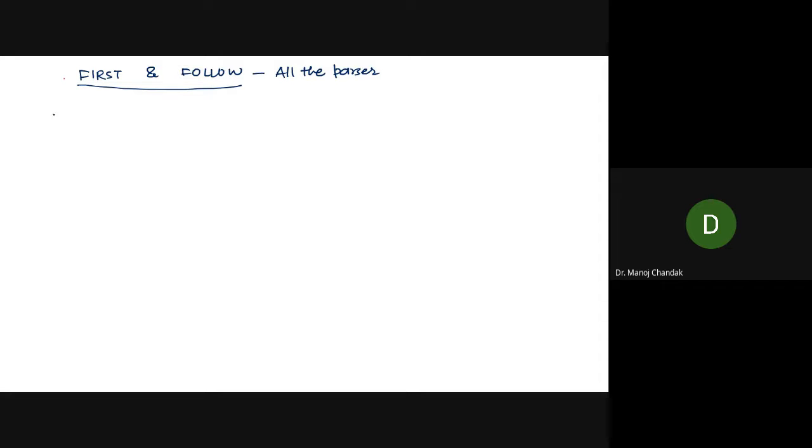Now let me show you the reason we compute first and follow. So let us start with this. Suppose I have a rule S tends to small a and capital A. And maybe let me take some grammar for reference, and then we can compute this first and follow.